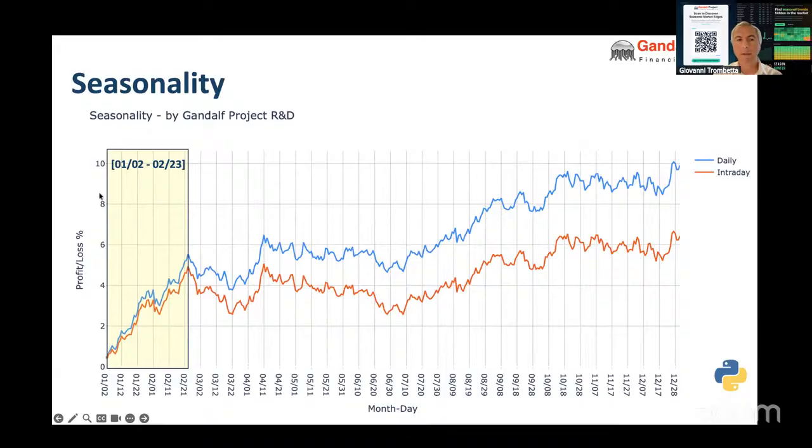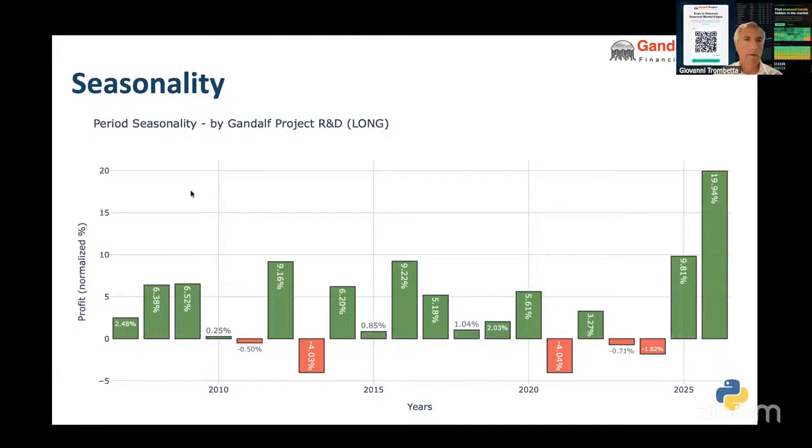This could be assimilated as a seasonality in this example. It comes from the calculation year by year, day by day, for all the years of historical data that we have available, in that case from 2007 till today. Again, this is the aggregation year by year, in which you can see that, especially during the last years, the results were not that bad, I would say.